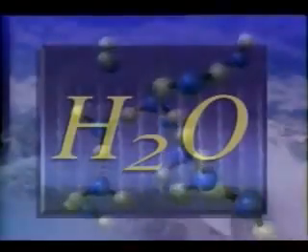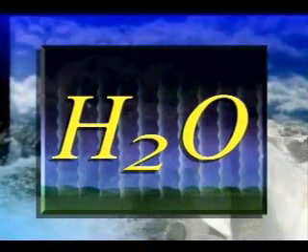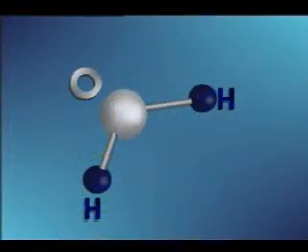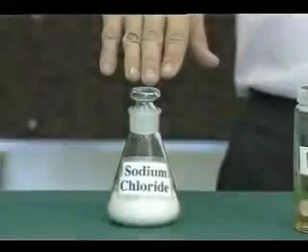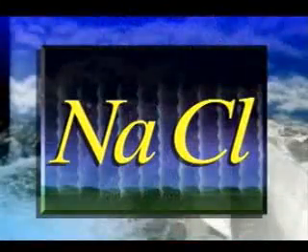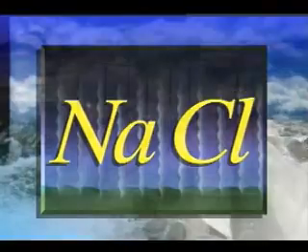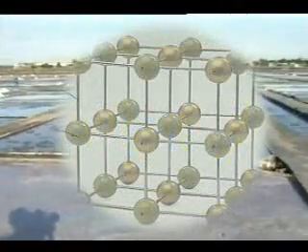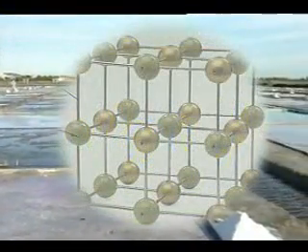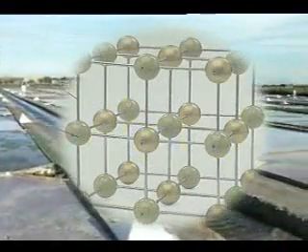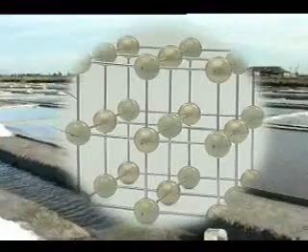The chemical formula H2O represents a molecule of water. But for sodium chloride, NaCl represents not a molecule, but a formula unit of the compound. Unlike water molecules, a pair of sodium and chloride ions cannot exist freely in any of its 3 phases.